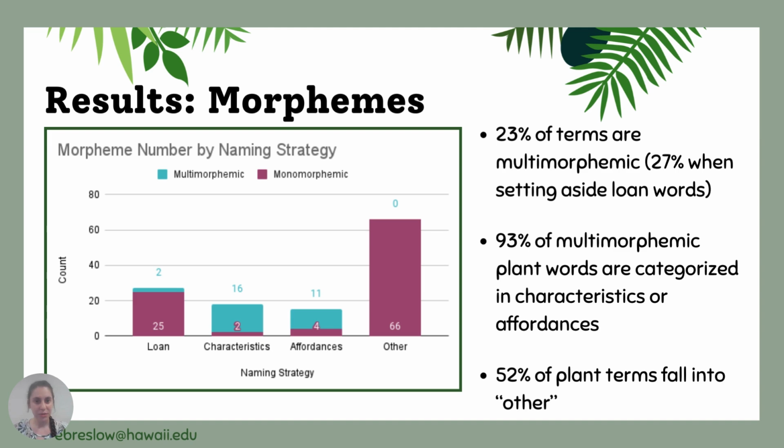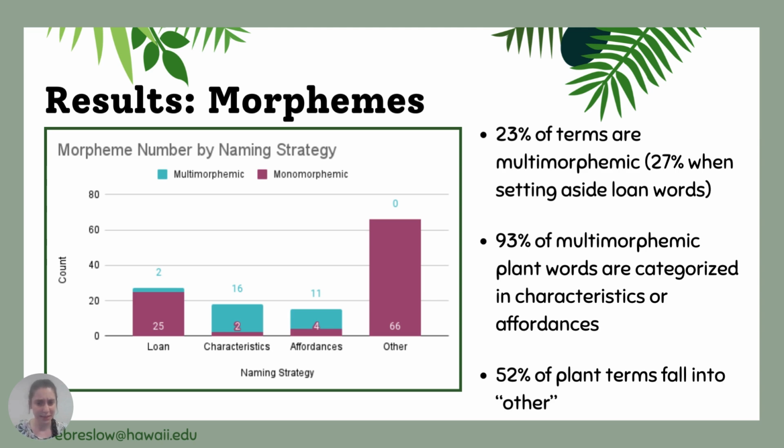Moving now to my morphological analysis, you can see that about 25% of the terms overall were multimorphemic. And most of those multimorphemic ones, the ones in teal, were categorized into either characteristic-based names or affordance-based names.